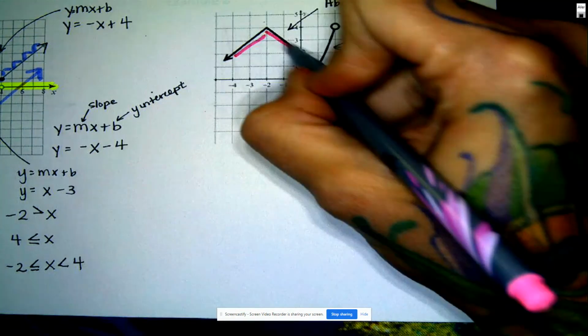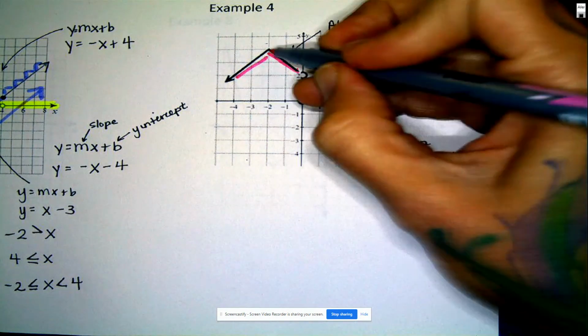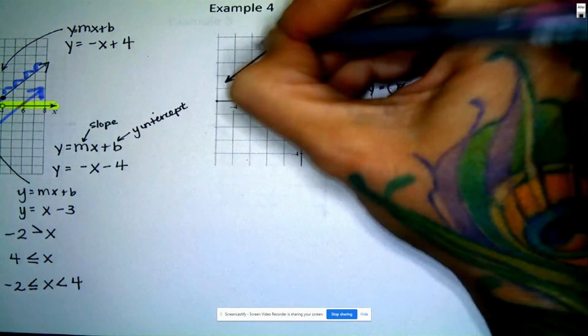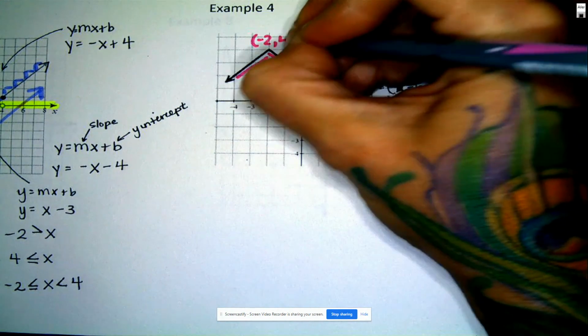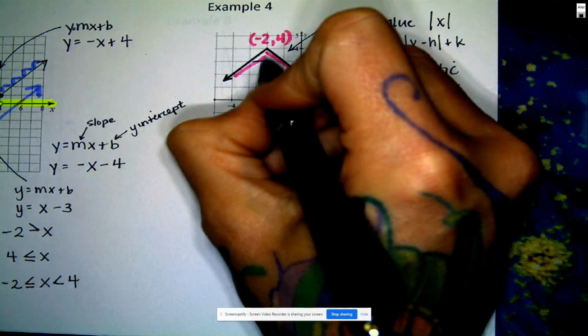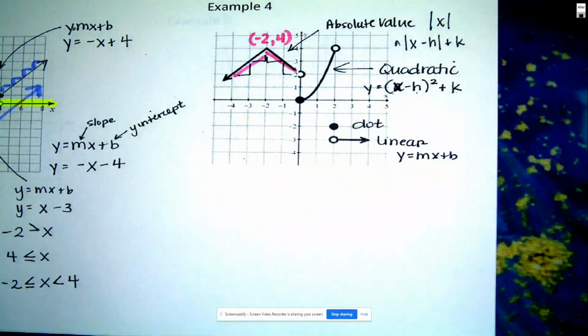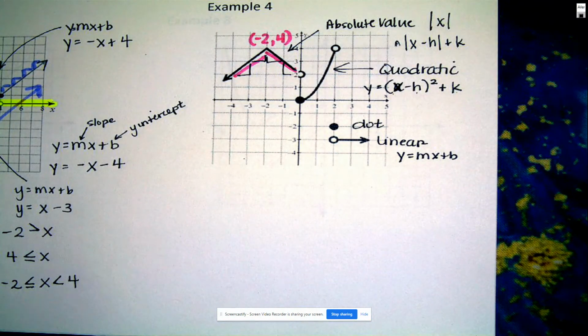If you have a quadratic or an absolute value function, my suggestion is to find your vertex first. So negative 2, 4. Negative 2, 4. And then check your slope and just make sure it didn't change. So these are 1-to-1s. So the a value that would have been out here is still 1. So this just took a parent function absolute value and slid it 2 to the left and 4 up.